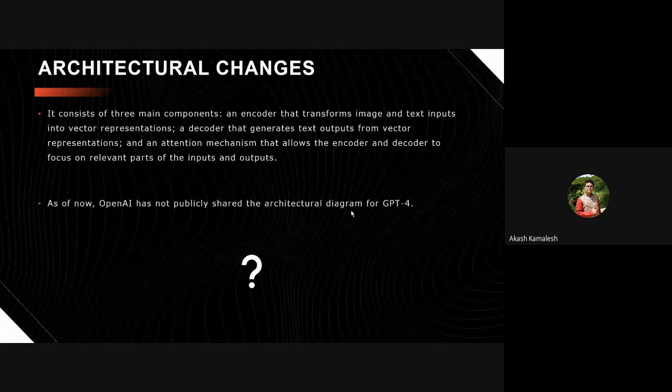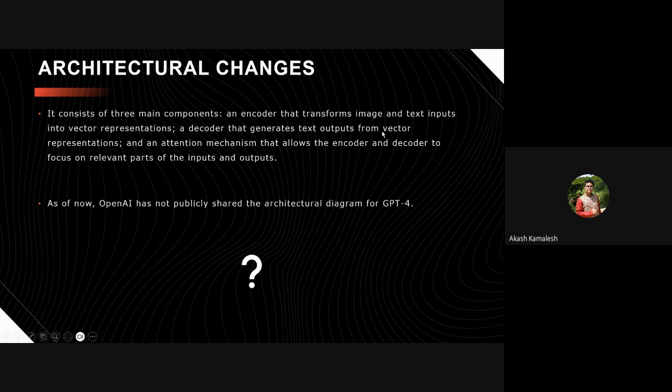Architectural changes. It has three main components, in reference to the image transformer and the language model. It has an encoder which transforms image and text inputs into vector representations, and a decoder which generates text outputs from the vector representations, with an attention mechanism which allows the encoder and decoder to focus on relevant parts. The last part is standard with the previous GPT versions as well.